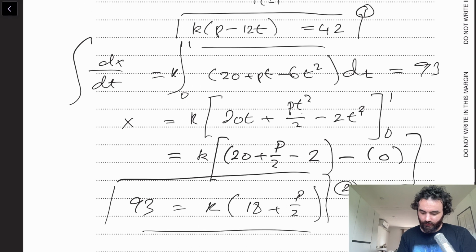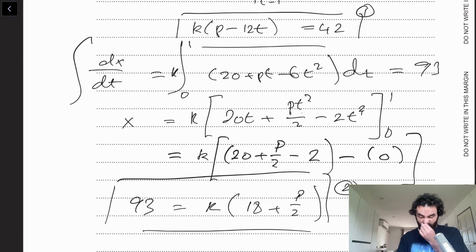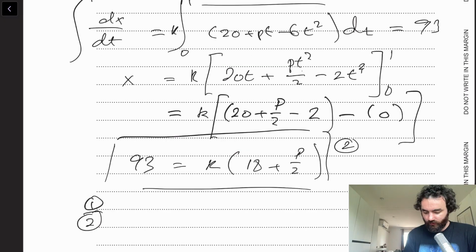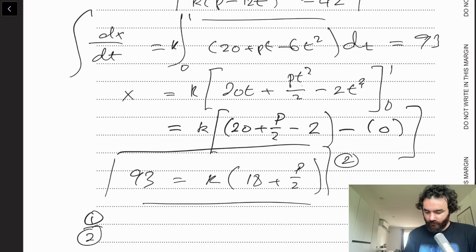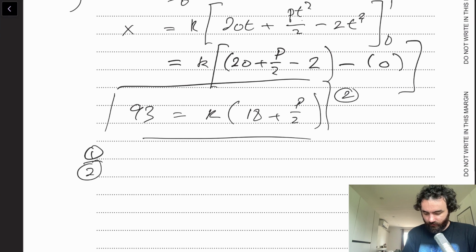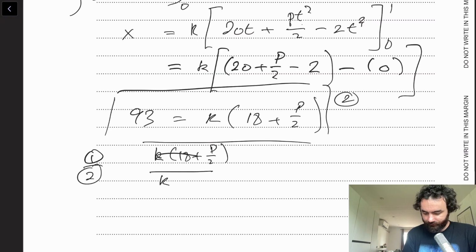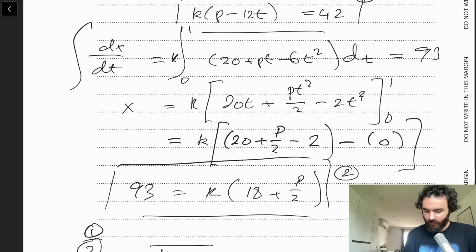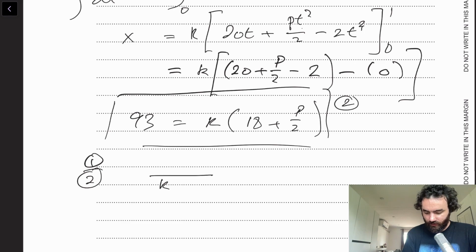Correct? Correct. Could just divide them by each other. That will get rid of a k. So 1 divided by 2 will give us, we'll write it out. So k of 18 plus p over 2 over k. Oh no, sorry. We get 1, which is this, k of p minus 12t, and 18 plus p over 2.